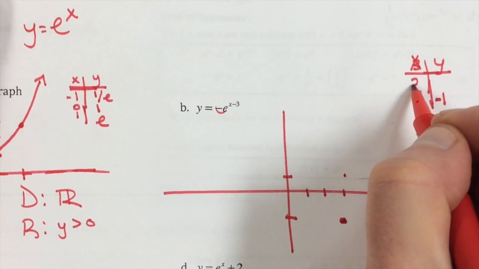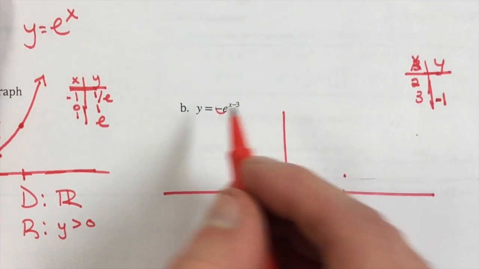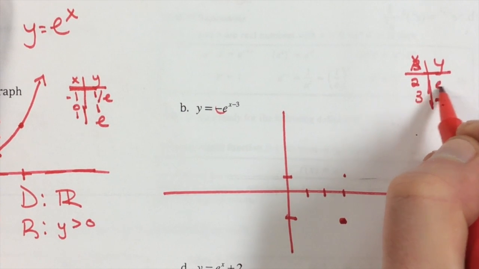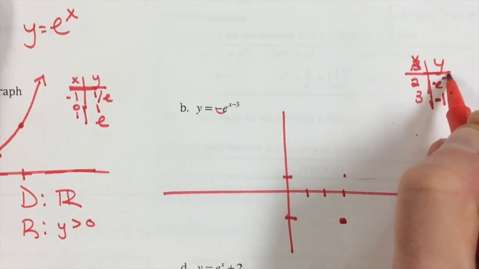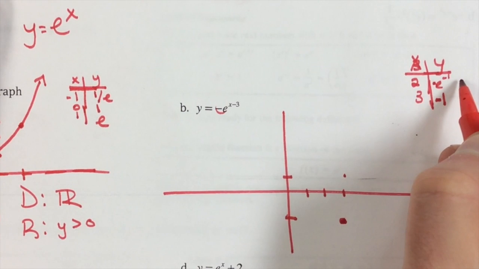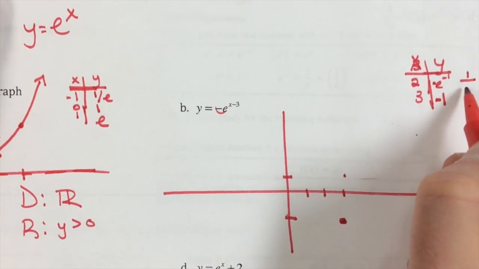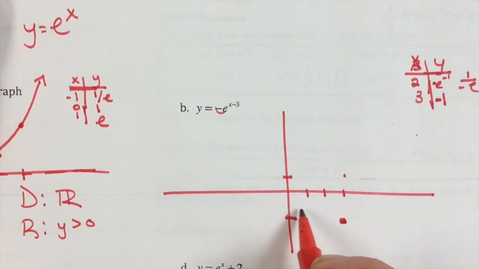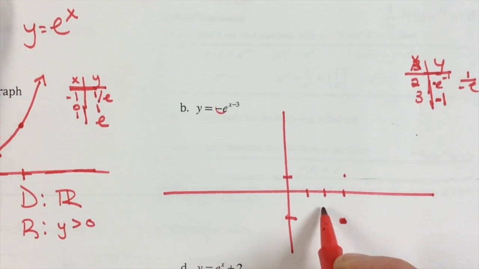If I plug in 2, that's 2 minus 3, so that's -e to the -1st power. So that's 1 over -e, a fraction. So at 2, it's getting smaller.